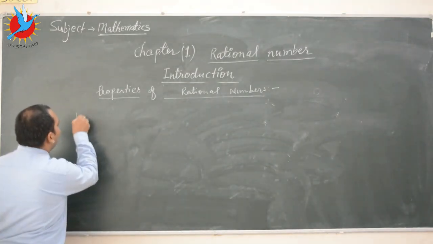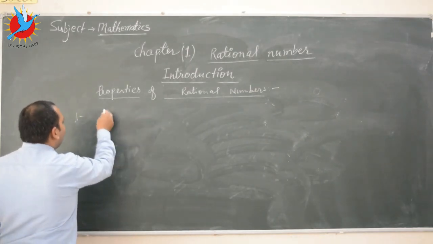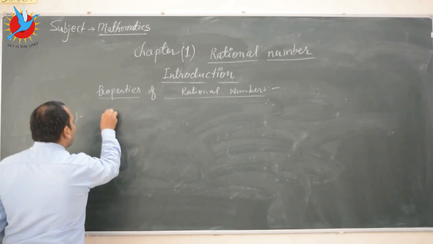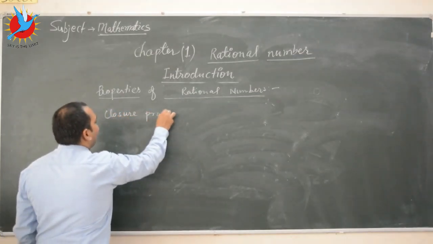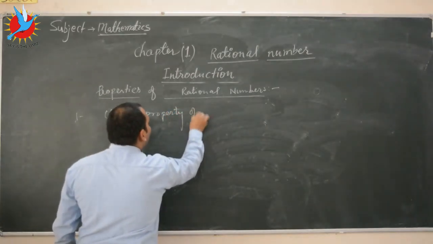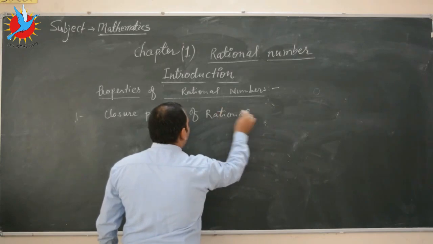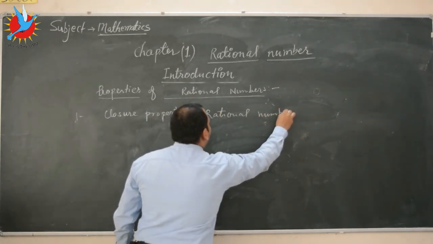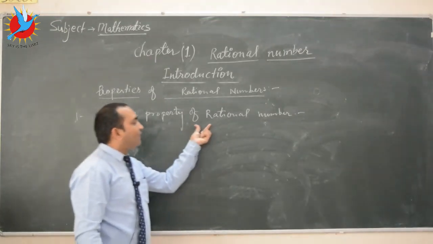So the first property we read is the closure property of rational number.